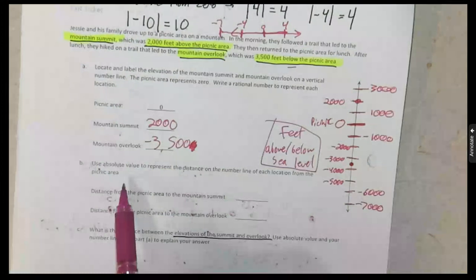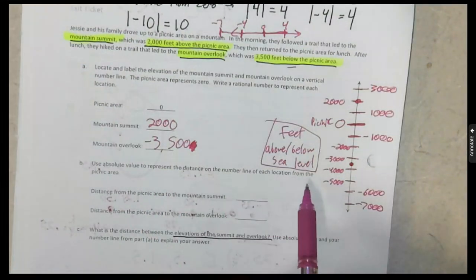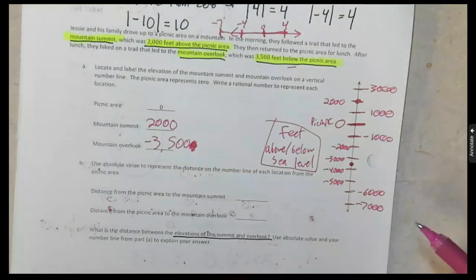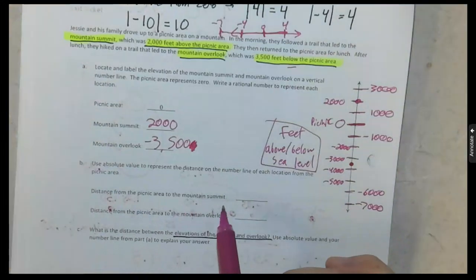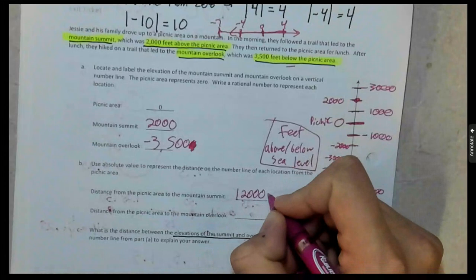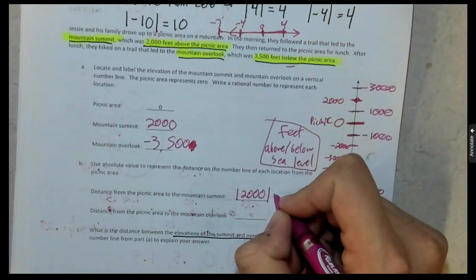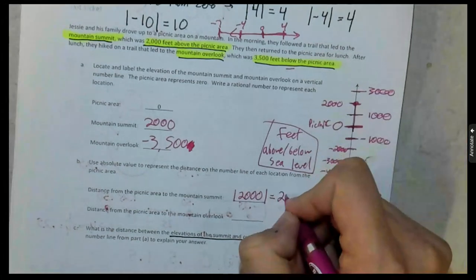Now it says use absolute value to represent the distance on the number line of each location from the picnic area, which we have done. We're just finding the absolute value, the distance from the mountain summit. So the distance from here to 0 is still positive 2,000.